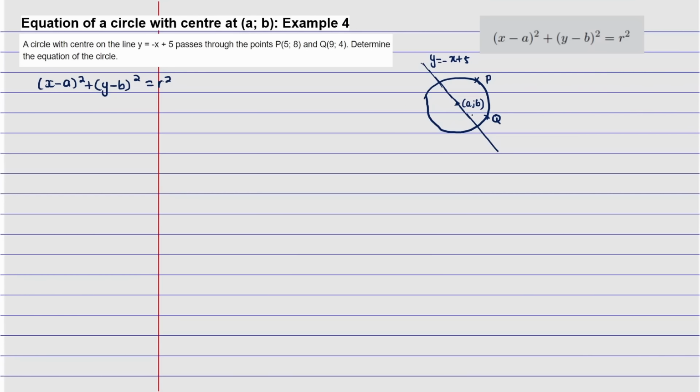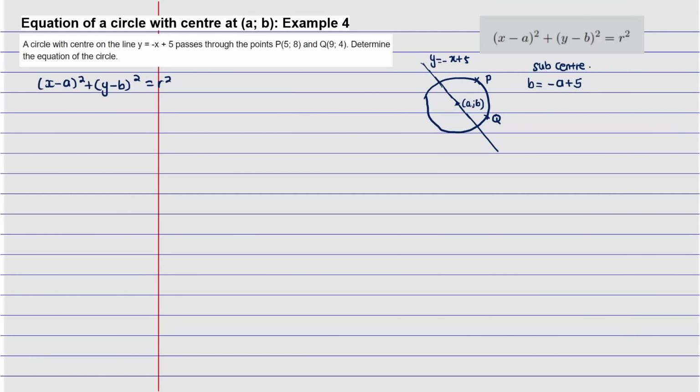Since the line passes through this point, I can rewrite a and b in terms of this equation. So b is equal to negative a plus 5. That's me substituting the center.